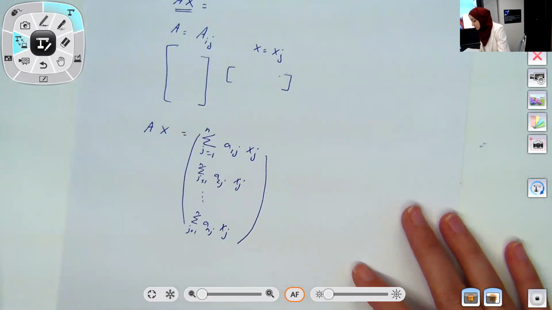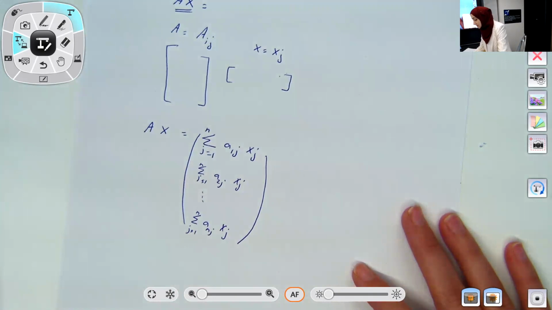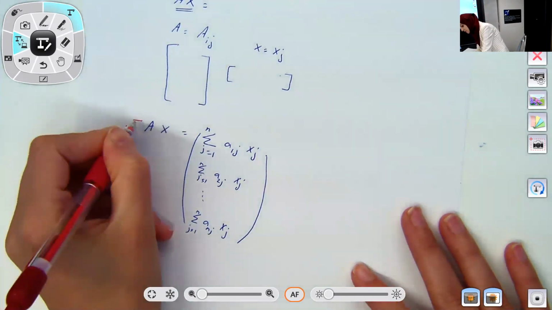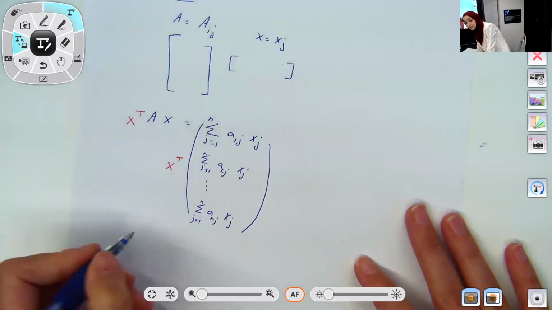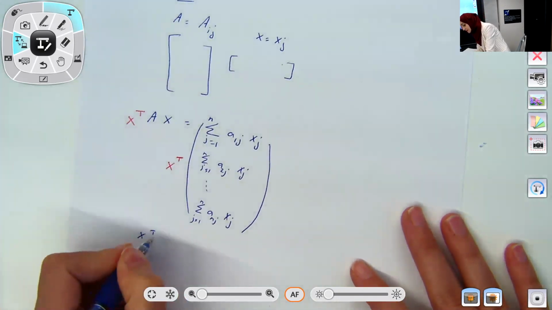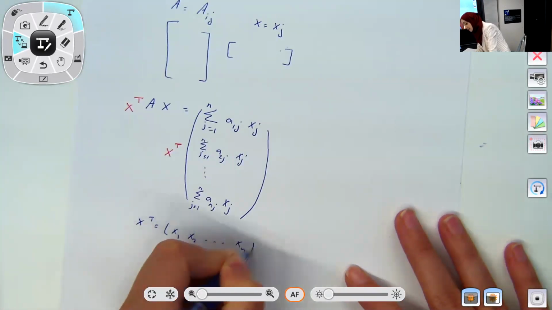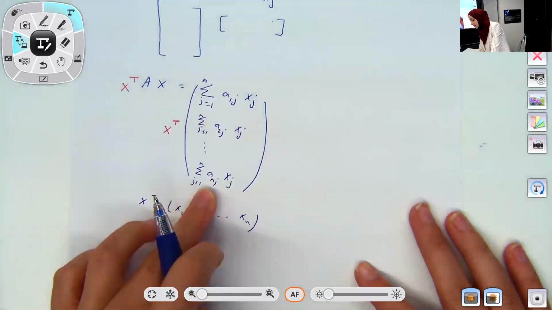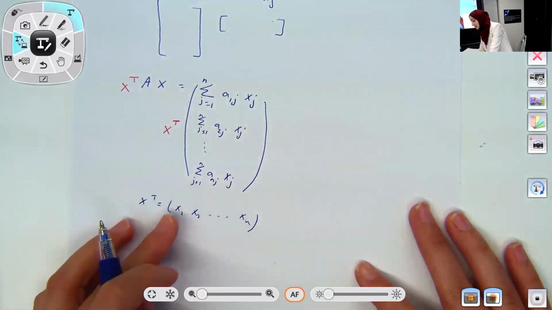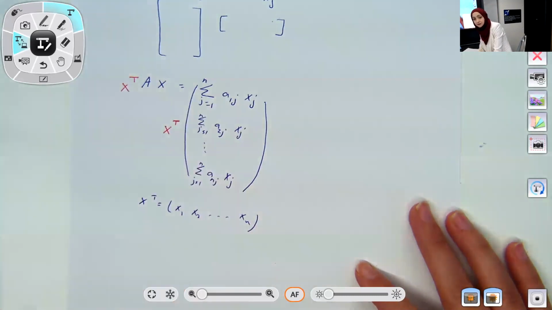Now we just need to multiply both sides by x transpose. X transpose is a vector whose entries are x1, x2 up to xn. So we need to multiply this vector by this column. At the beginning, we multiply x1 by the first entry, x2 by the second entry, and add together.